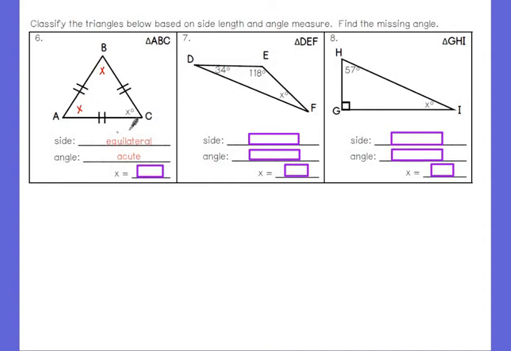Since all 3 sides are the same, all 3 angles are also the same. So how many x's do I have here? 1, 2, 3. So I know 3 x's should add up to 180 degrees. I need to figure out what one of them would be, so I'm going to divide by 3 and find out that x is 60 degrees. So each angle is 60 degrees.